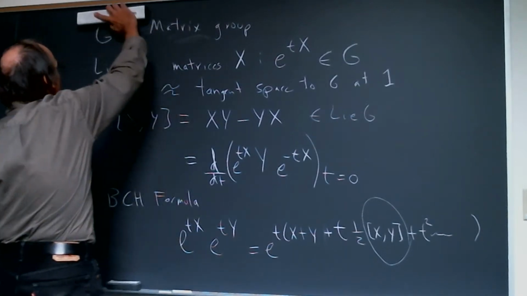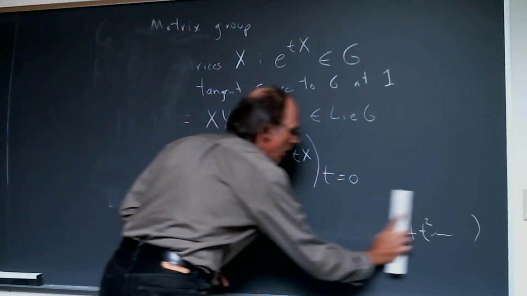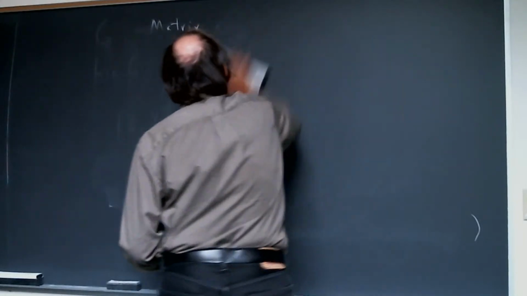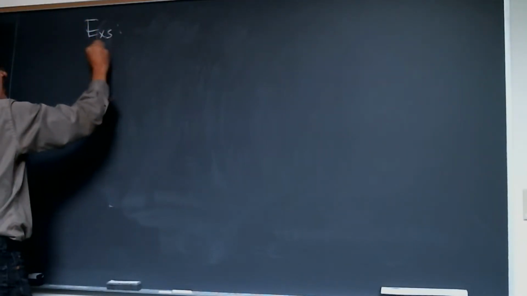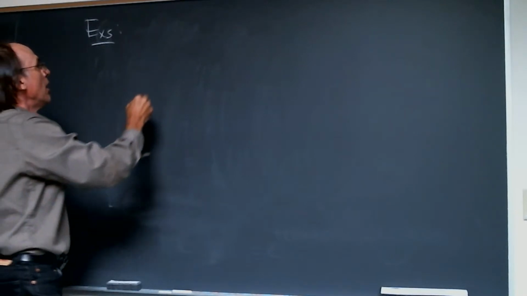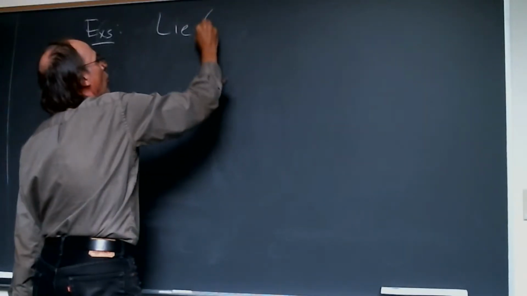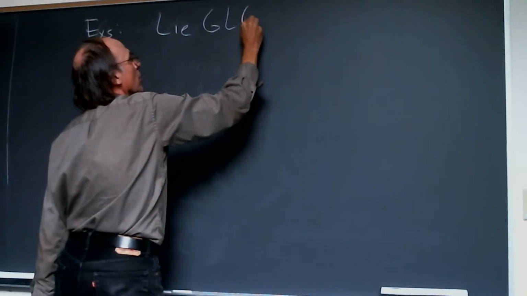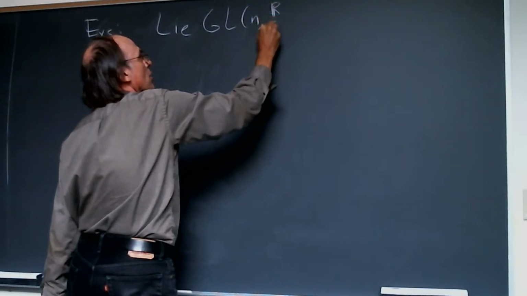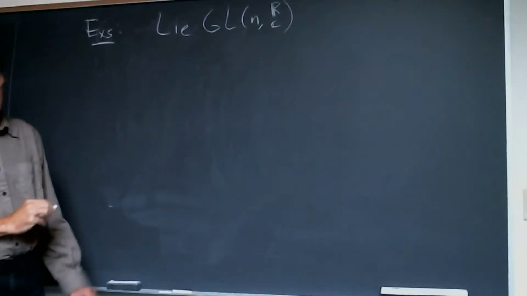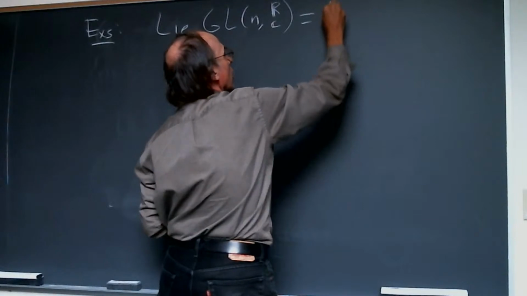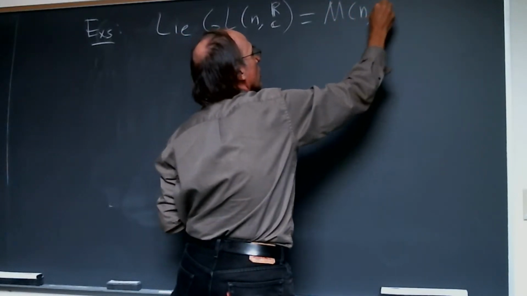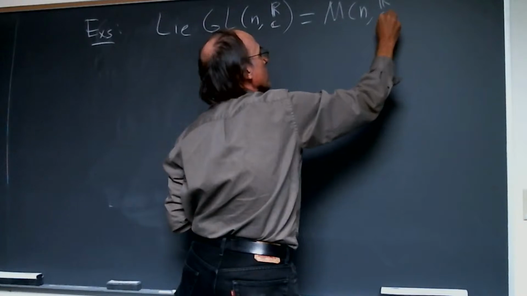The examples you should always have in mind: if you take all invertible real or complex matrices and look at the Lie algebra, you get all real or complex matrices.